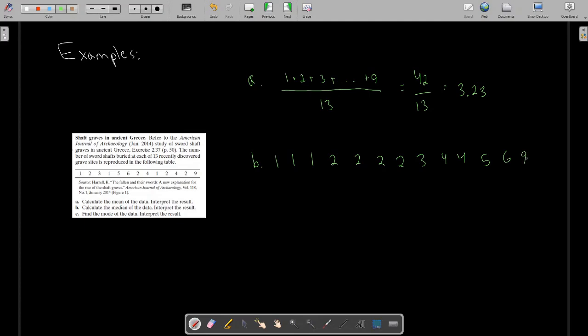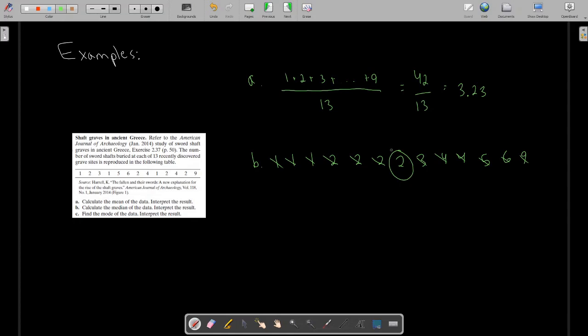And so this ends up being an odd number of data values, which makes it a little bit easier for us, but we'll start crossing out the largest and smallest values on each side. And you can see when we do that, we are left with one number in the middle, which is 2. So our median is 2.